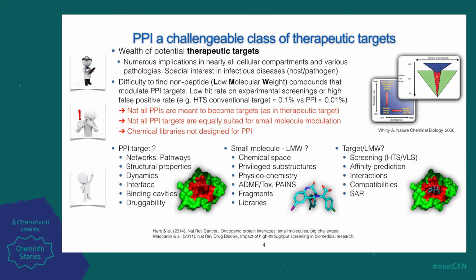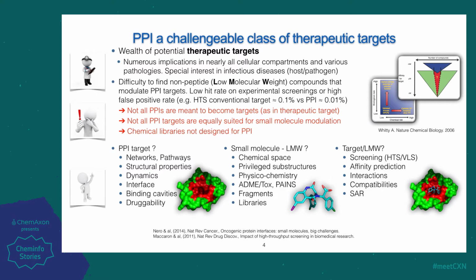These days, we're talking a lot about the coronavirus and this interaction between the human receptor ACE2 with the spike protein of the coronavirus. Obviously, this interaction represents a key leverage in terms of pharmacological modulation to prevent the viral entry into human cells. And more generally, these interactions represent very interesting options in terms of drug discovery.